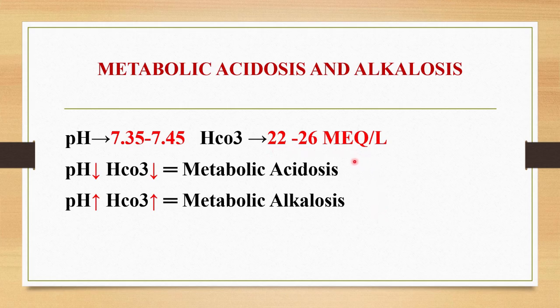And here one thing you have to keep in mind is in metabolic acidosis and metabolic alkalosis, the pH and the bicarbonate values will always be the same, equal. In metabolic acidosis, the pH will be less and bicarbonate also less. In metabolic alkalosis, pH level will be high and the bicarbonate level will also be high.